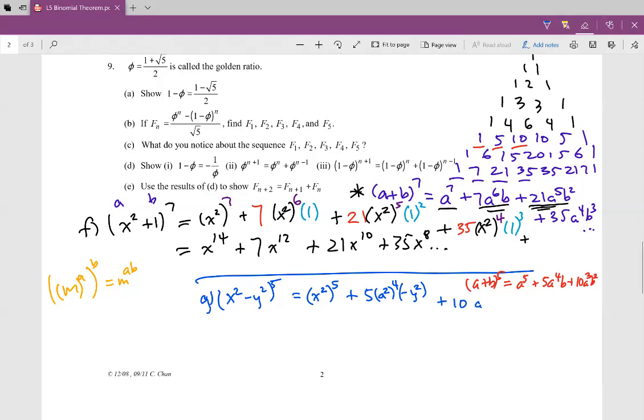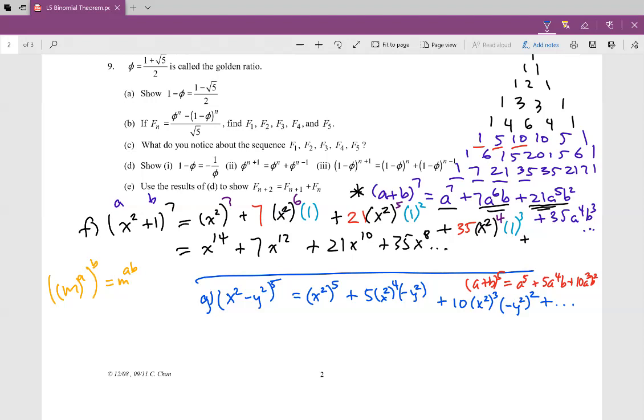I made a mistake, ladies and gentlemen. I made a mistake here. Let's try that again. X squared cubed, and then it's negative y squared squared. And it keeps on going. So I just want to do the first 3 terms.